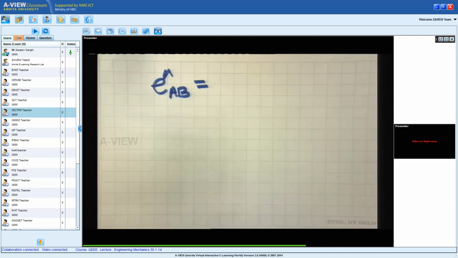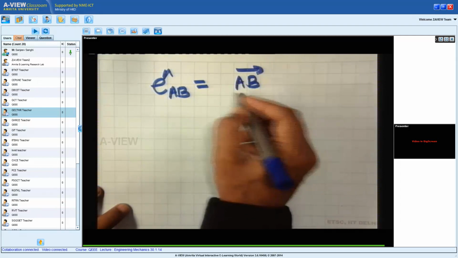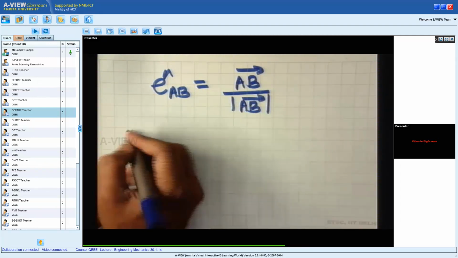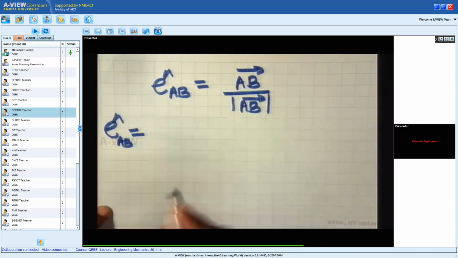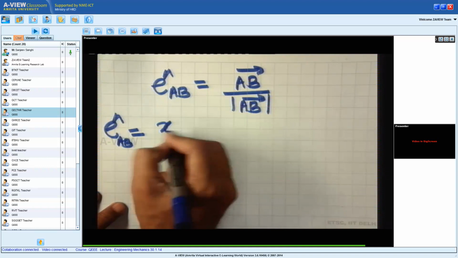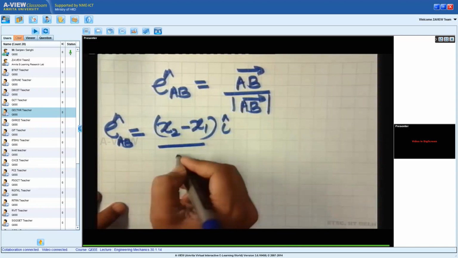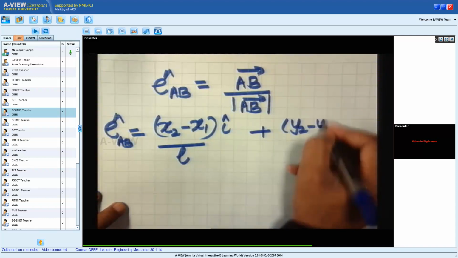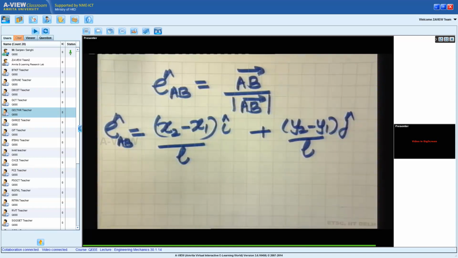As we have seen, this will be AB divided by the magnitude of AB. So the unit vector along AB will be equal to (x2 minus x1)i divided by the length L, plus (y2 minus y1)j, again divided by L. So this is how I get the unit vector along AB.